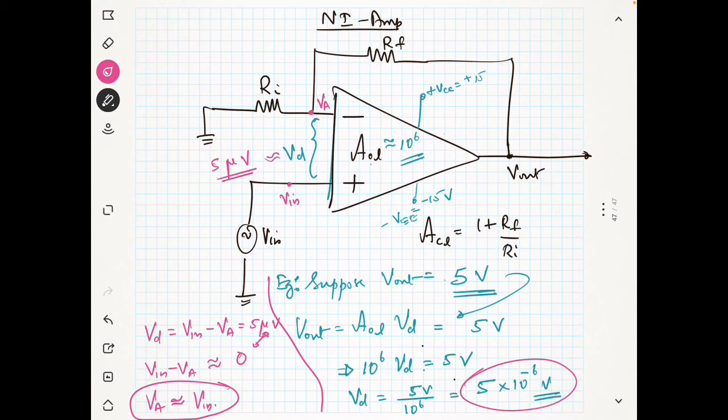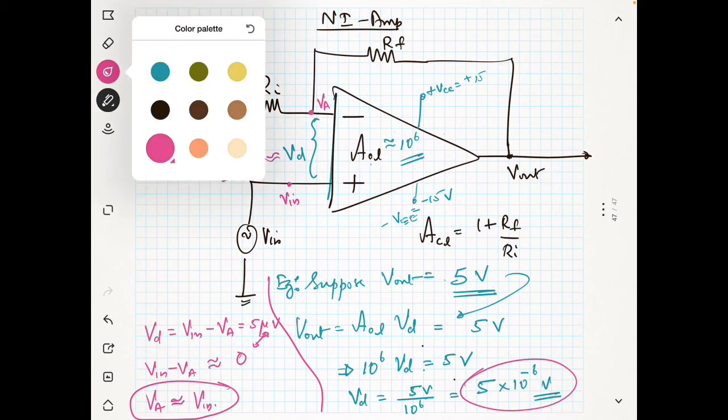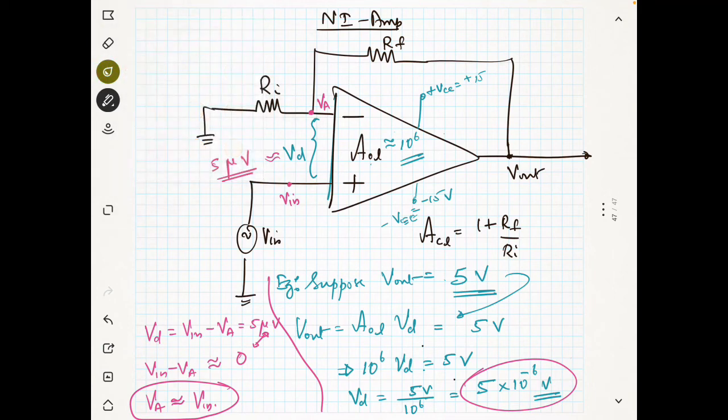It is like a short circuit. You know that the voltage at 2 points will be the same only if they are in short circuit. But here it is not actually a short circuit. They are not actually short circuited, but it seems like they are, or we can say that they are virtually short circuited. Because this is approximately 0, my V in is approximately equal to VA.